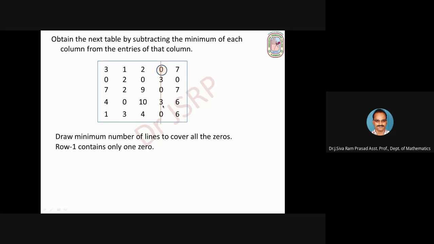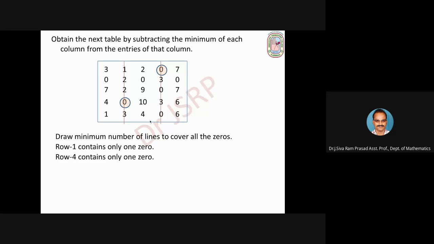Next, row 4 contains only one 0. Circle that 0 and fix the column, that is the second column, so cross off the second column. Next, the fifth row contains no zero, so skip the fifth row. Okay, right.